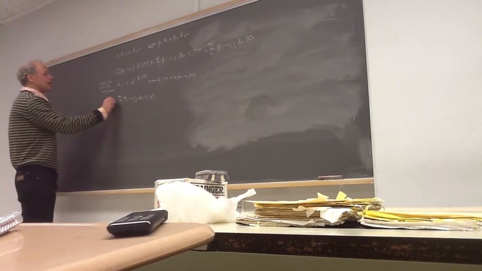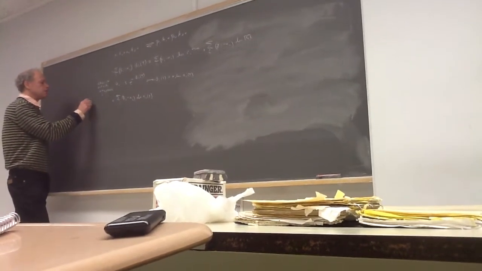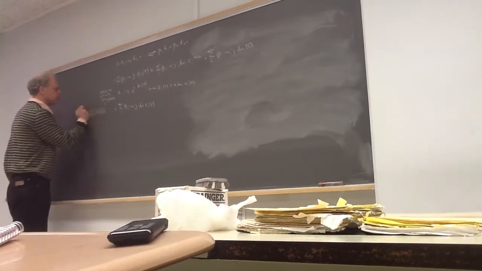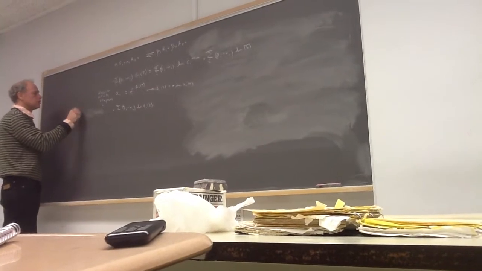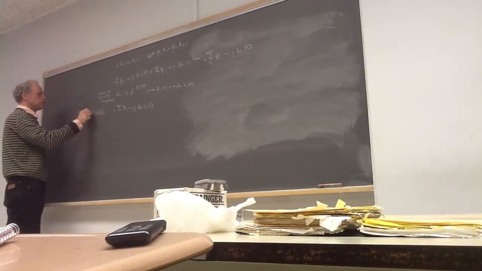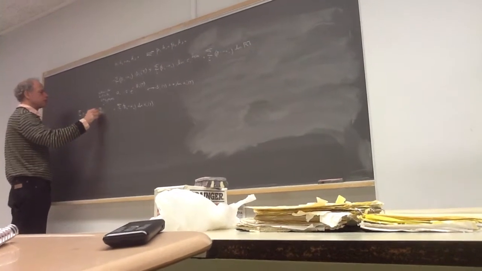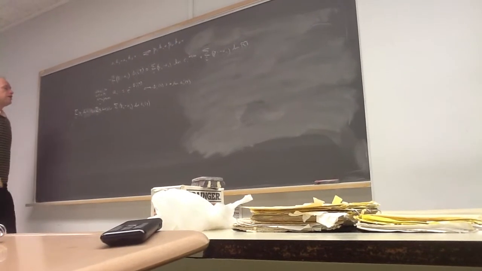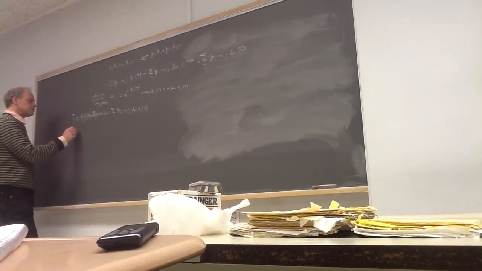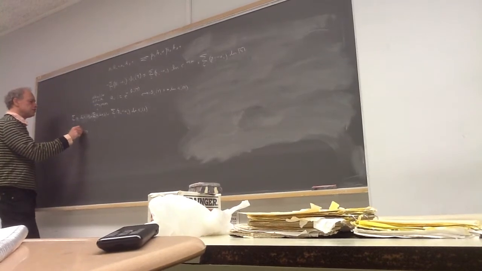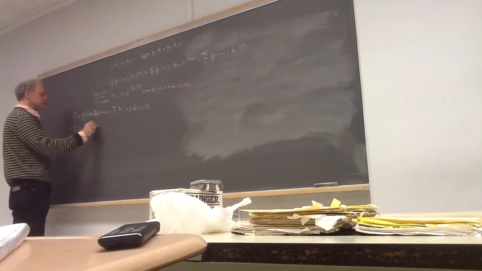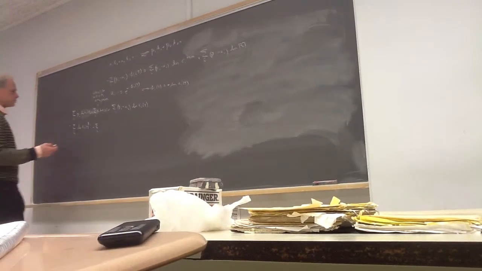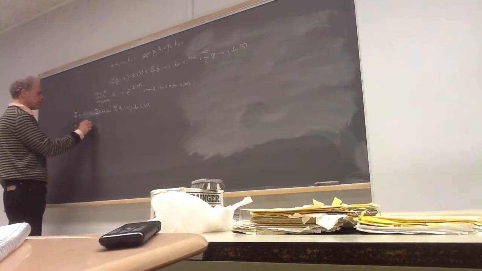And we noted that we could rewrite this as the sum on i, beta i log a_i of T, minus the sum on i, alpha i log a_i of T. And this we could write as the sum on i, log of a_i of T to the beta i, minus the sum on i, beta i minus alpha i.